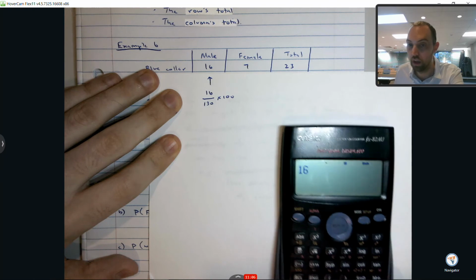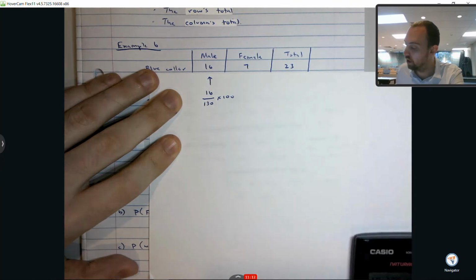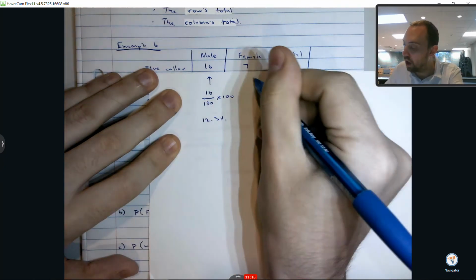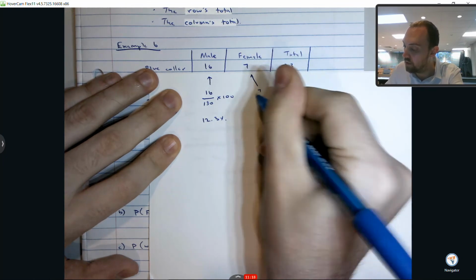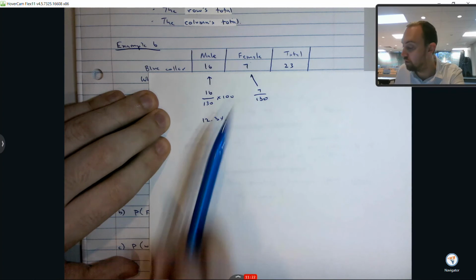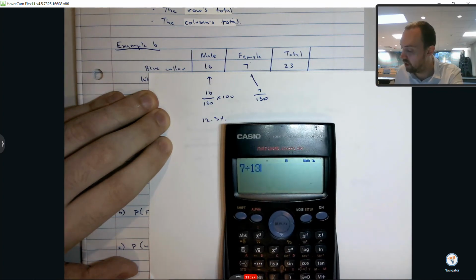16 out of 130 times by 100. So it's about 12.3%. Females, 7 out of 130 are both blue collar and female. So again, 7 out of 130 times by 100.